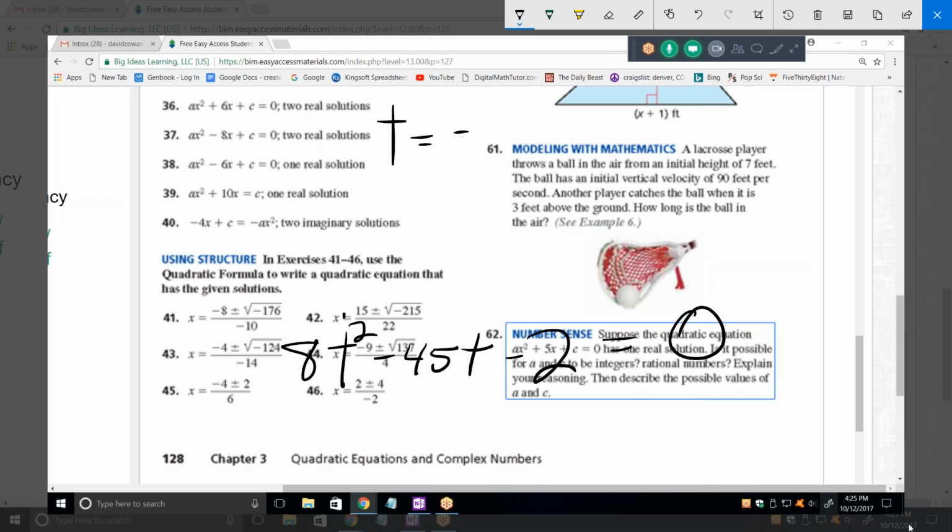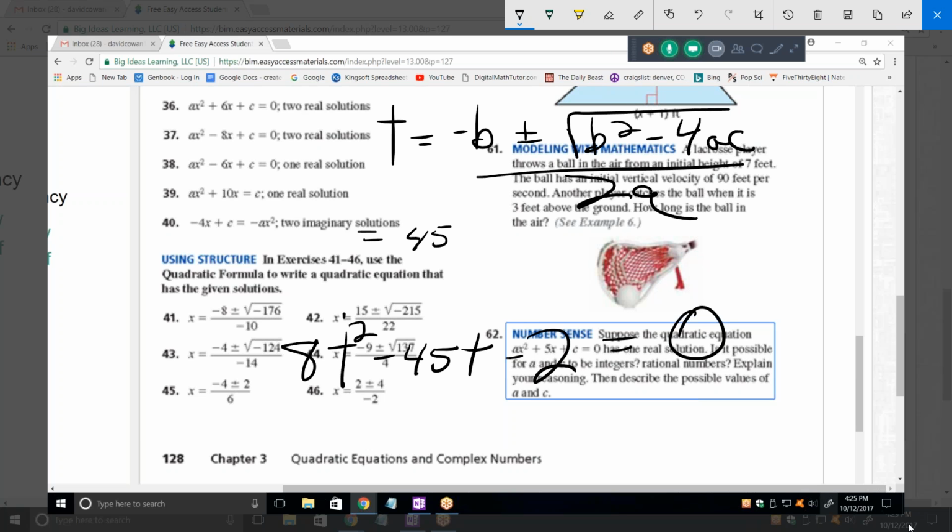Remember, it's minus b plus or minus square root of b squared minus 4ac all over 2a. So, 45 plus or minus square root of negative 45 squared, which is minus 45 squared.